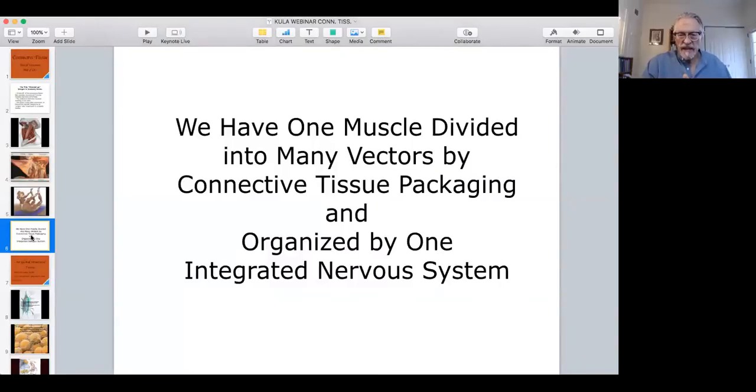So I want to remind us again that we have one muscle divided into many vectors by our connective tissue system, and that one muscle united together into a system by one connective tissue system is organized by one integrated nervous system. So all of the separation, all the anatomical dissection, all the sense of one tissue and then another tissue and another tissue just has to be erased from our conceptual system.